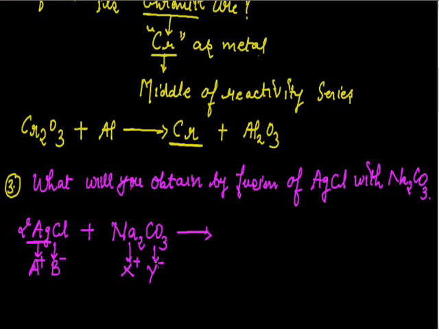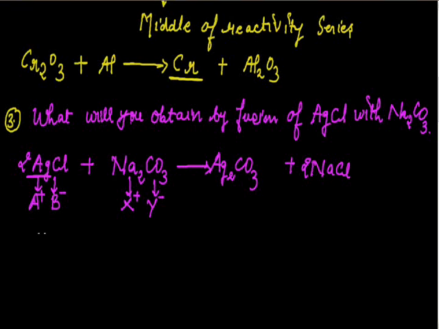Now, here chlorine gets displaced from the AgCl and CO3 gets combined with the Ag so as to form Ag2CO3, and the carbonate gets displaced from Na2CO3 so as to form NaCl. This is a double displacement reaction.